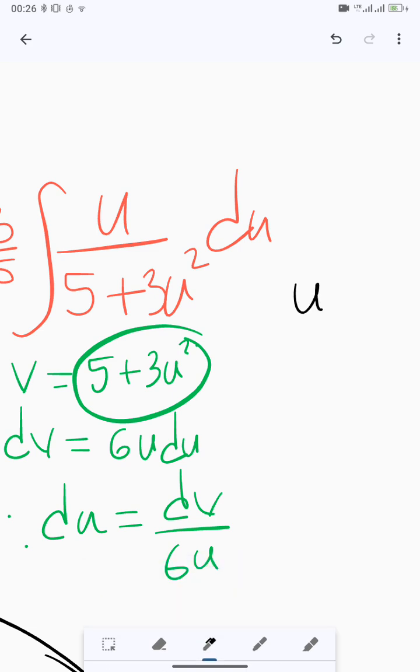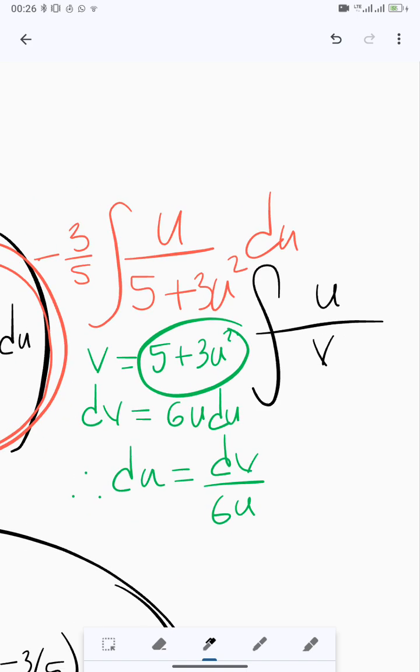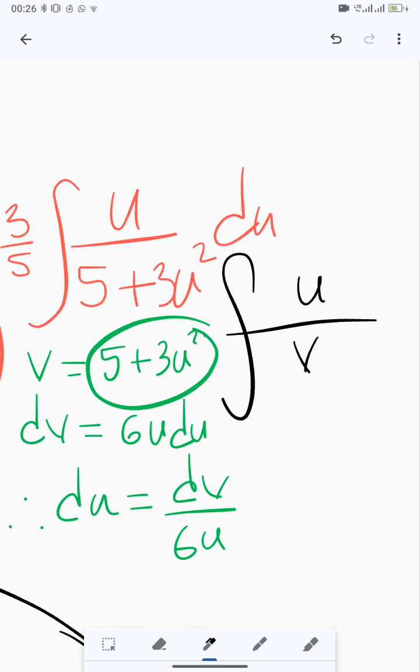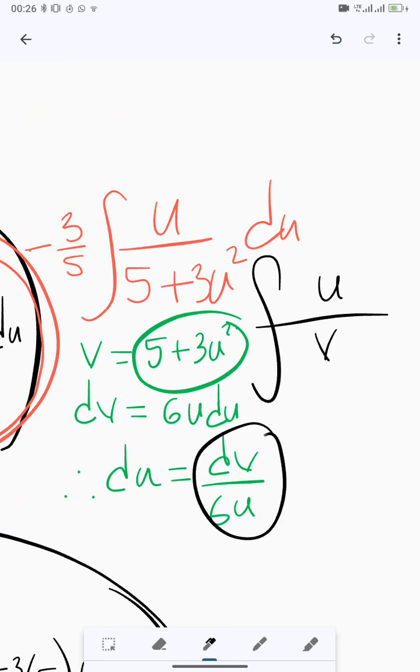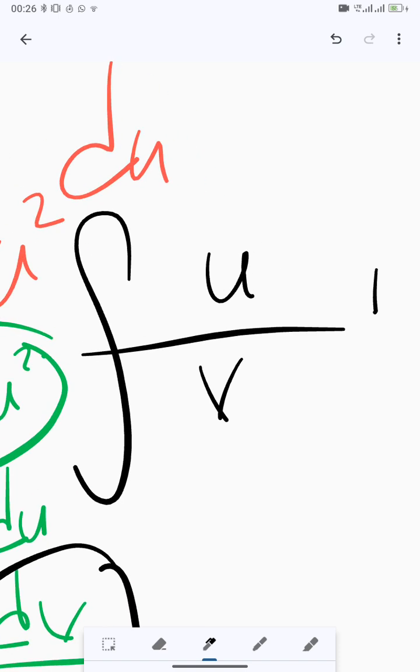So at the top I still have u, and then 5 plus, oh no, that's 5 plus v, because I said this thing is v. Then the integral, I have to put du. Now remember that du is dv over 6u.